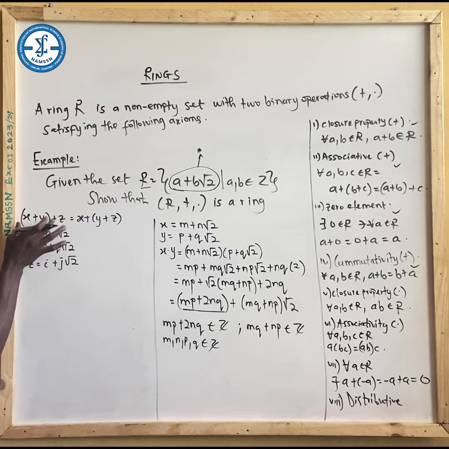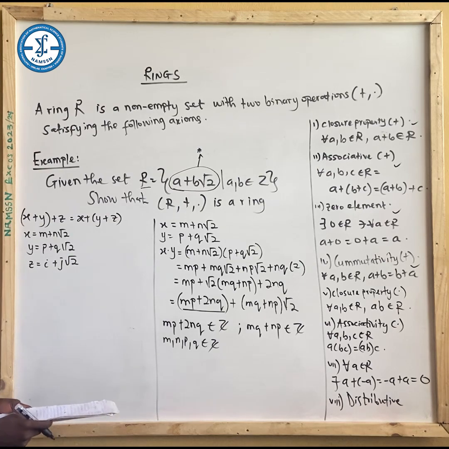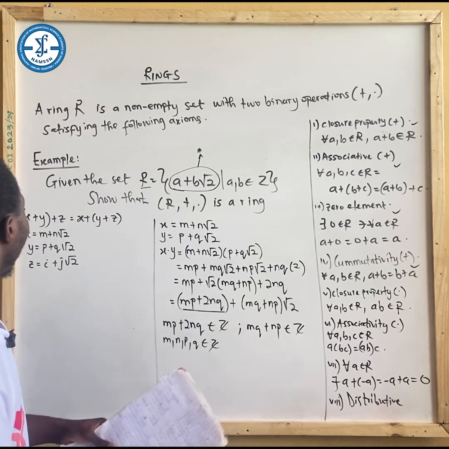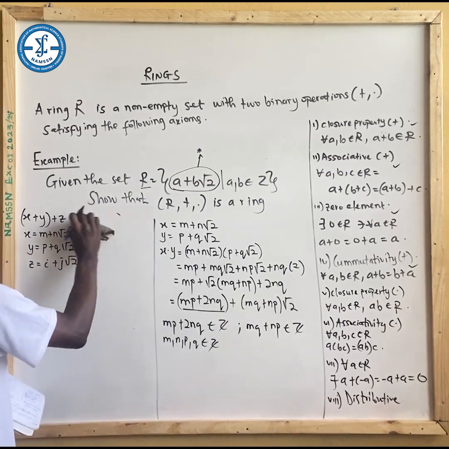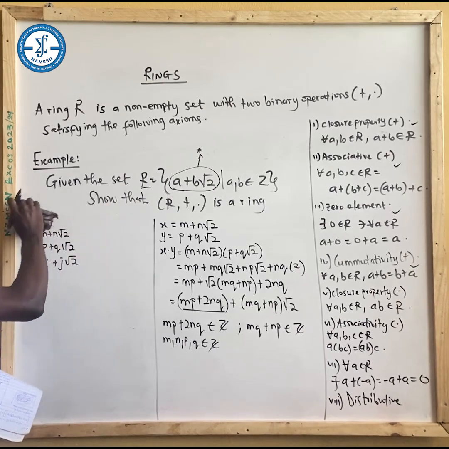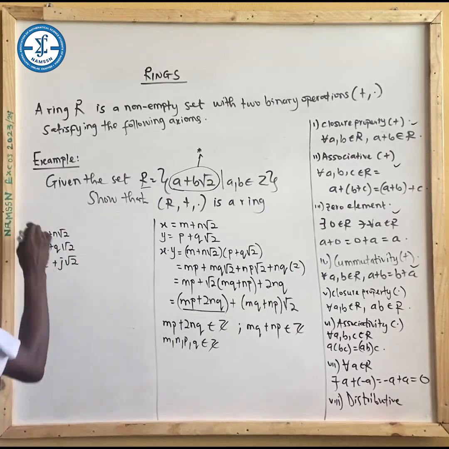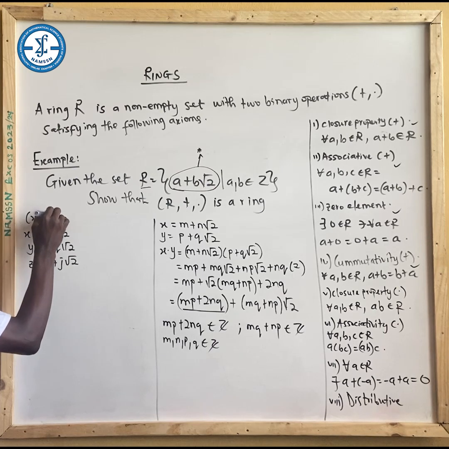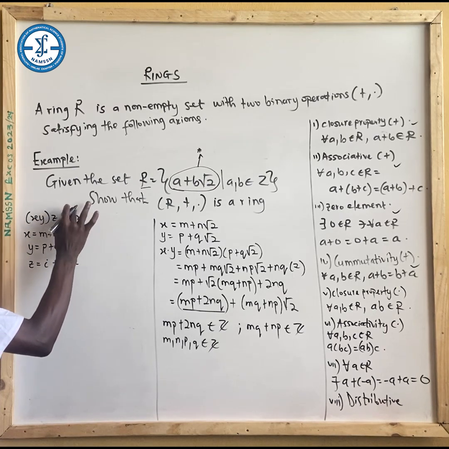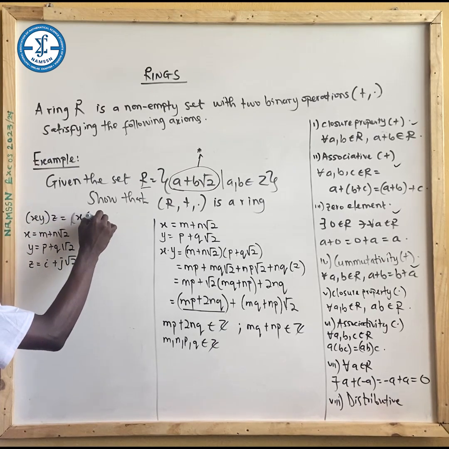So let's tackle the multiplication, sorry. This is associativity under multiplication. xyz equals xyz.